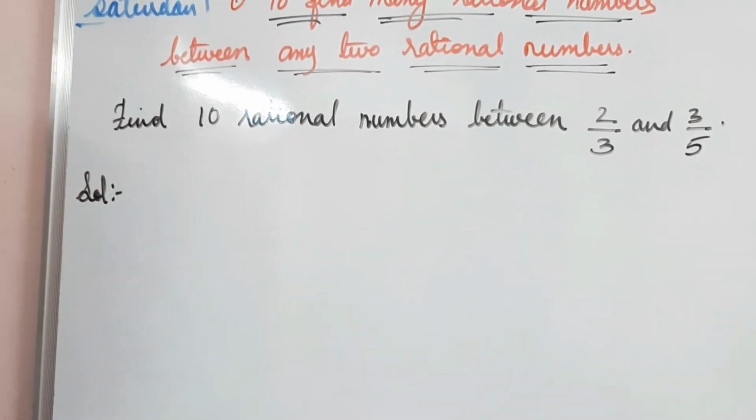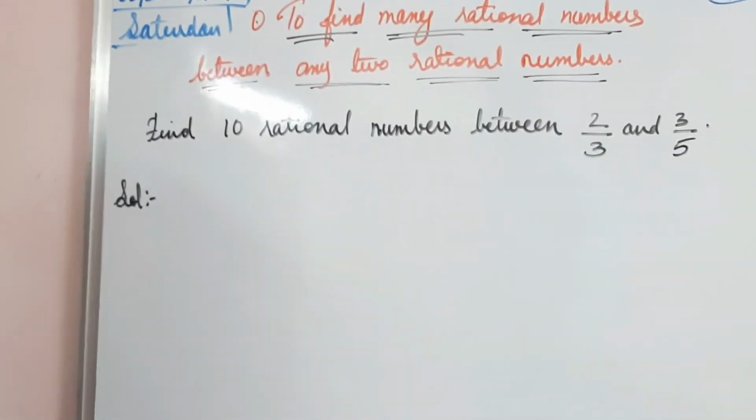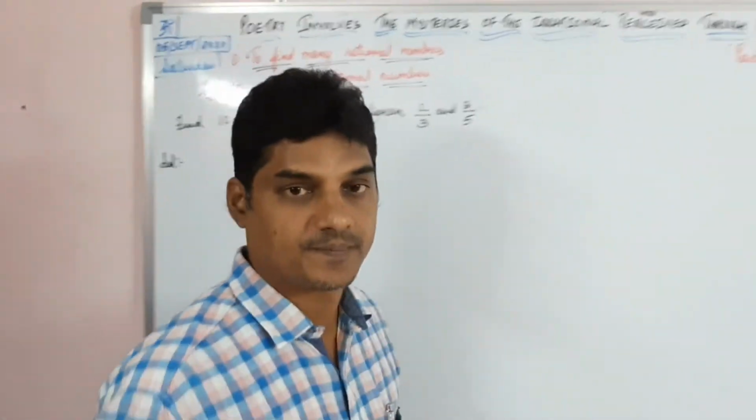Find 10 rational numbers between 2 by 3 and 3 by 5. How are we going to do it, students?